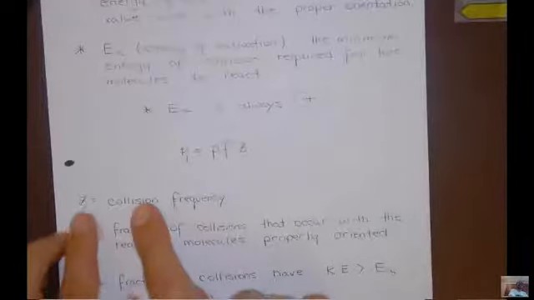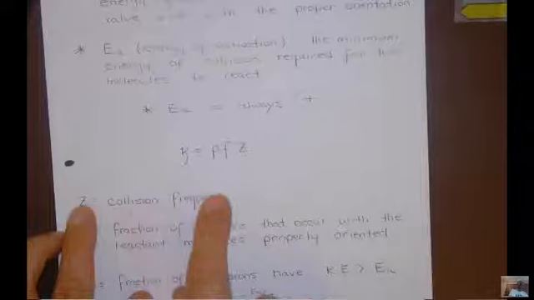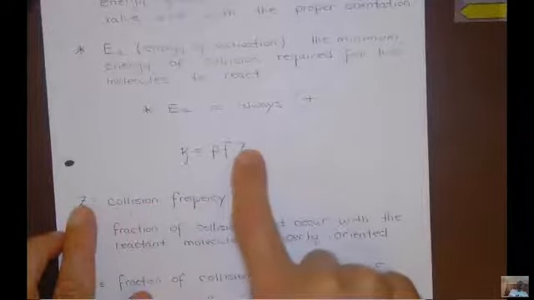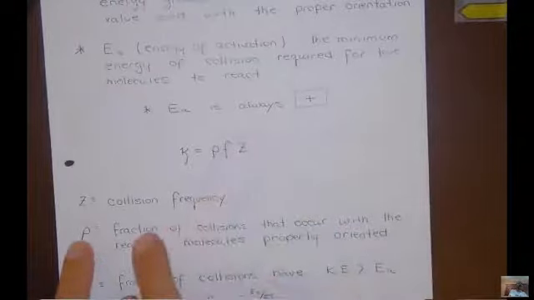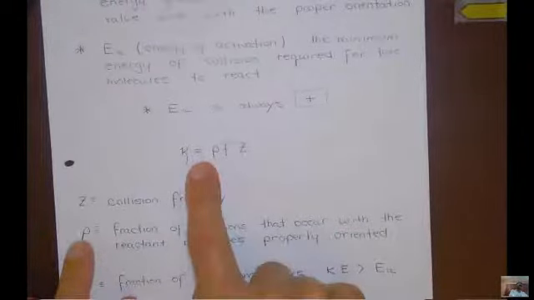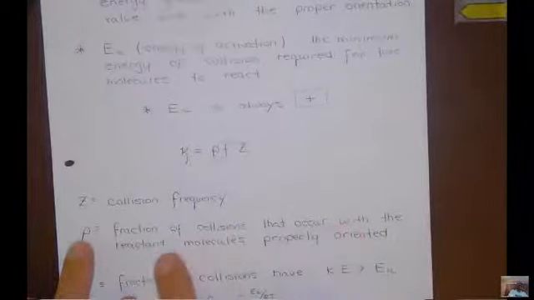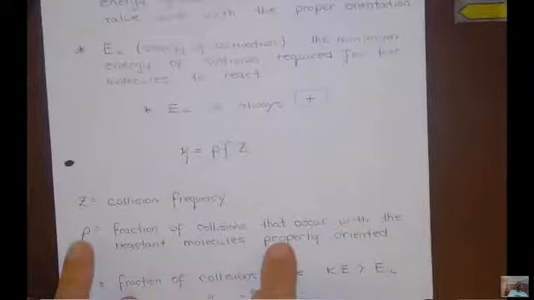The first factor is called Z. Z is the collision frequency, how many times the molecules hit one another. P is the fraction of those collisions that occur with the reactant molecules properly oriented.